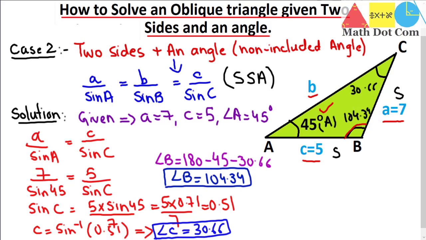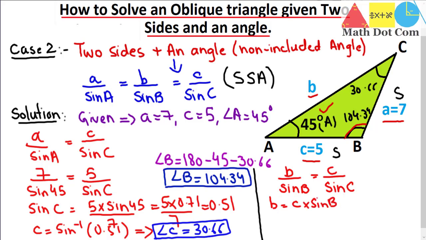Now what is left is the side B, which is unknown. So let's find side B now. For finding side B, we have to use the law of sines as B divided by sine B equals C divided by sine C. Here all of these are known except B. So B equals C multiplied by sine B divided by sine C. We just need to put the values here.